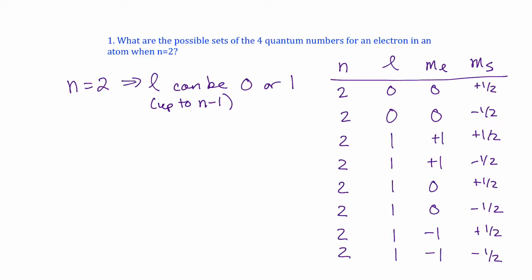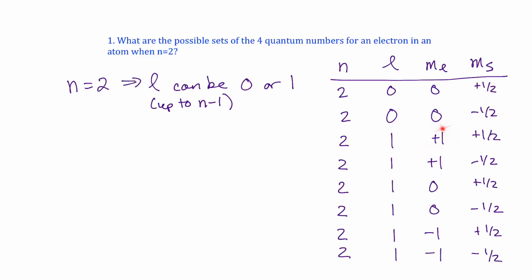Now for the l equals 1 options, we have a few options for m sub l. Remember, when l equals 1, m sub l can be +1, 0, or -1. We get two options for each of those based on our spins. For every m sub l option we have, we get a +1/2 and -1/2.